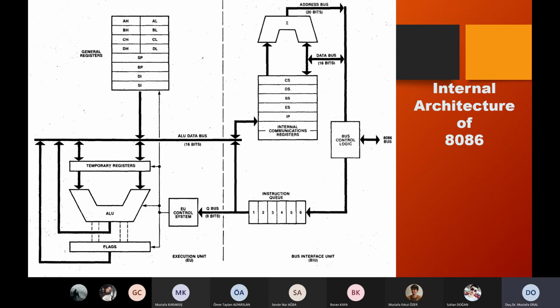Among the logic operations, there are shifting right, shifting left, rotating, all those operations that you are familiar with from the digital design course.